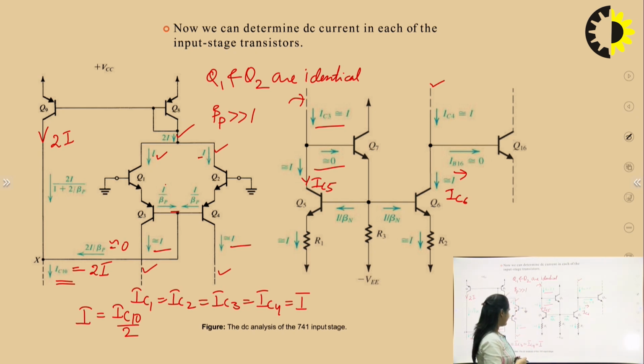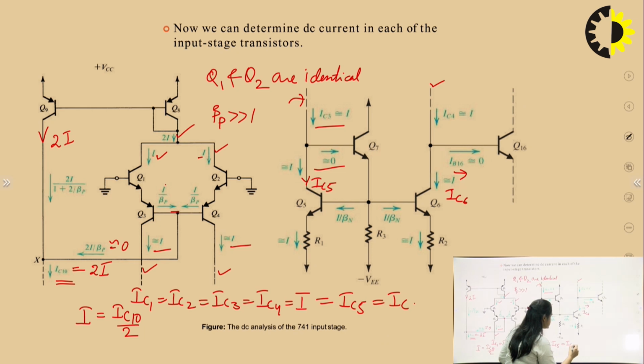So again, I have calculated 2 more parameters: IC5 equals I, and that equals IC6. Now, the only current component which we have to calculate is this current, IE7 or IC7.